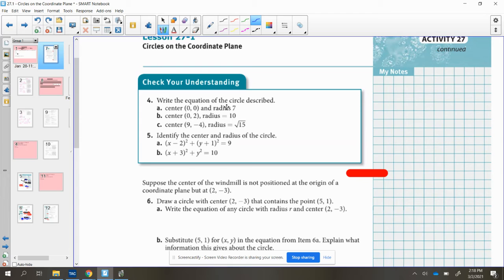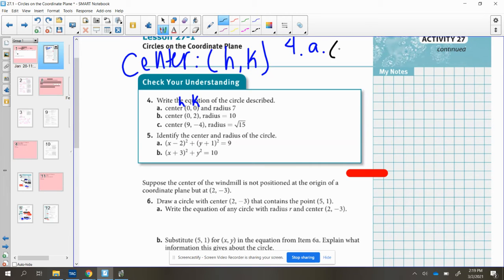Now, again, the center of your circle is always a point called (h, k). So if we look at number 4a, if our center is at (0, 0), that's our h and our k. So we're going to plug into x hikers: x minus h quantity squared plus y minus k quantity squared equals our radius squared.